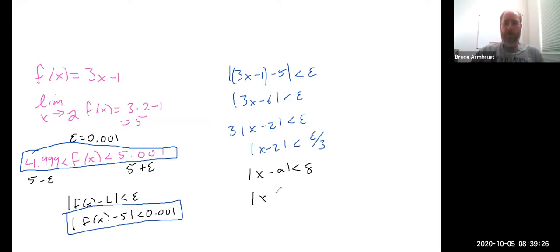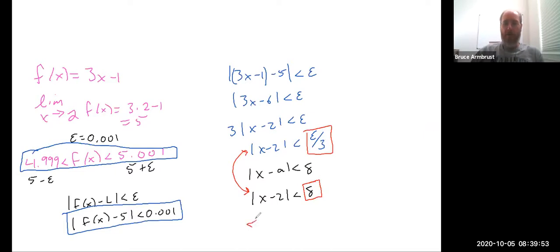So this is x minus 2. And so what we can do now is just go, okay, well, delta then is going to be epsilon over 3 because these two forms are identical, right? They're exactly the same. So what's on the other side of the absolute value, those things have to be equal.